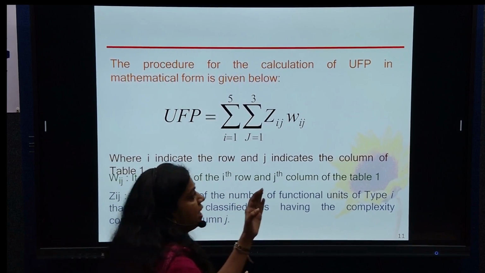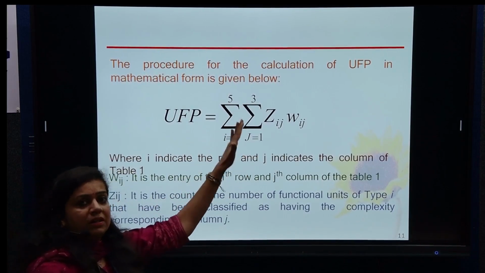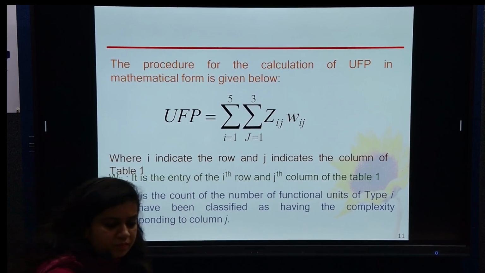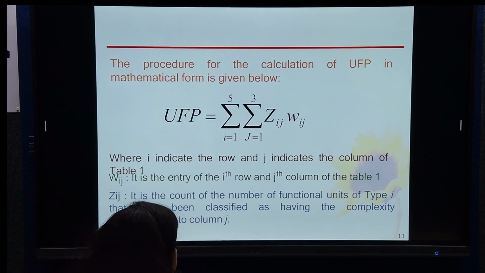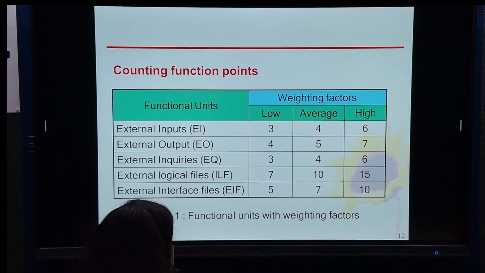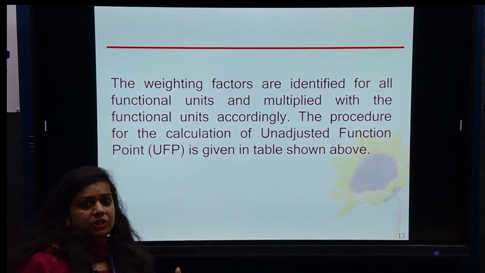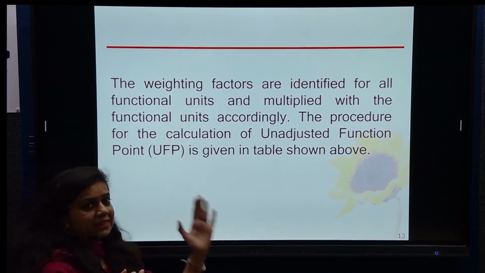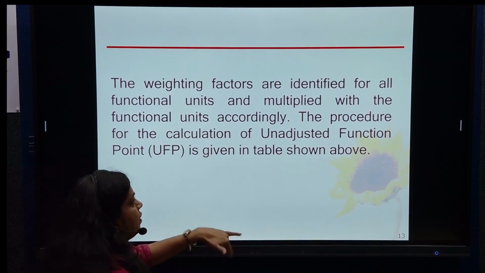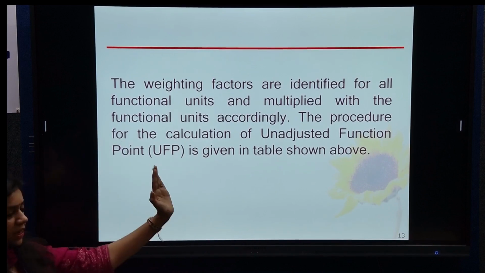And wij is the weighting factors that are assigned to all the functional units. So we solve it by multiplying the total function counts with the weighting factor. Once the weighting factors are identified, they are multiplied with the functional units accordingly.